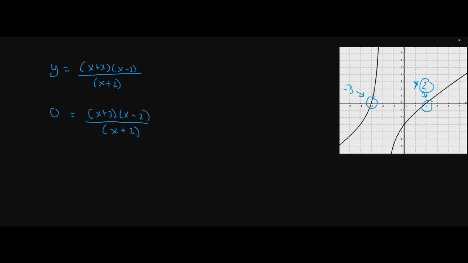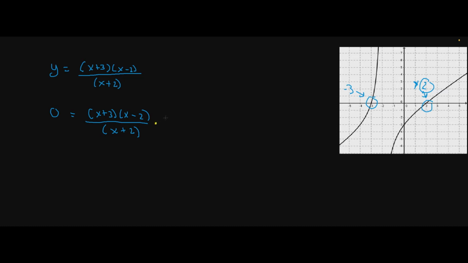All right, so now what do we do? We want to solve for this function. Just like before, we have 0 over here. So the first thing we want to do is eliminate this x plus 2 from the bottom.